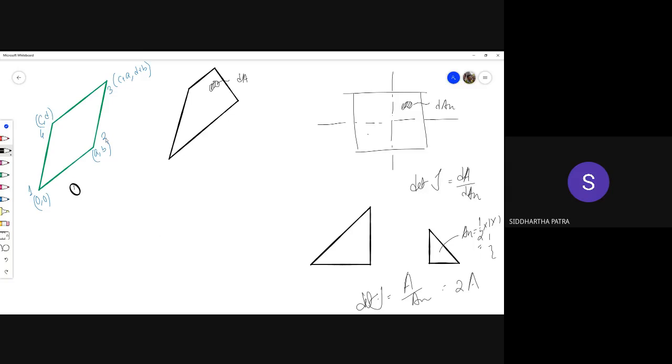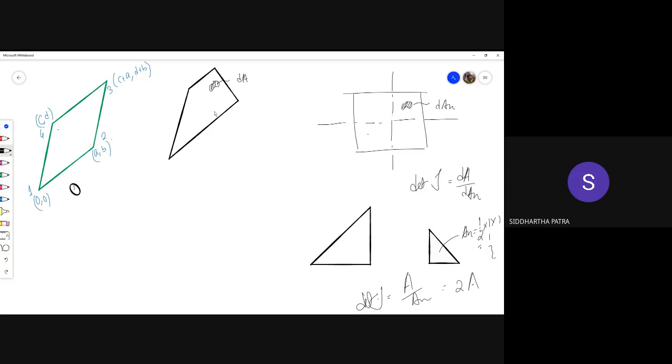Now take the example of the parallelogram. Try to get the Jacobian for the parallelogram. You see, once you decide the coordinates of node number 2 and node number 4, for a parallelogram, the coordinates of the node number 3 is already fixed.